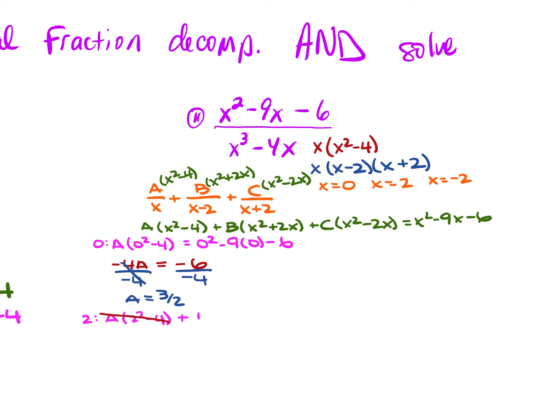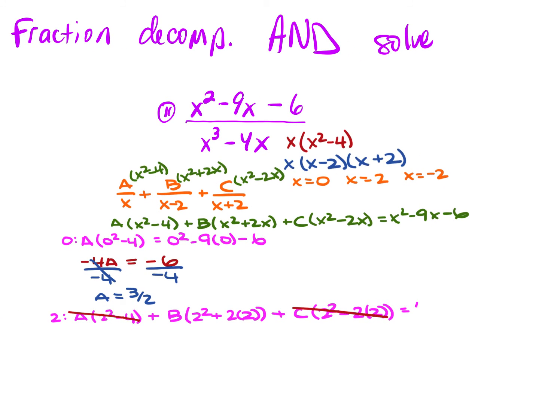Plus b times 2 squared plus 2 times 2, plus c times 2 squared minus 2 times 2. That's going to cancel out also. Is equal to 2 squared minus 9 times 2 minus 6.